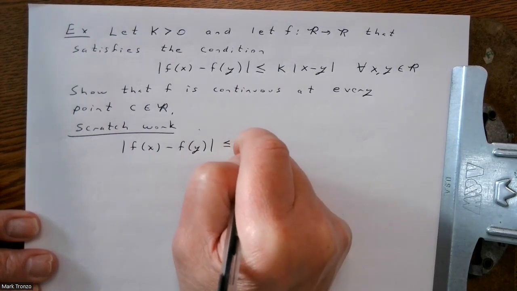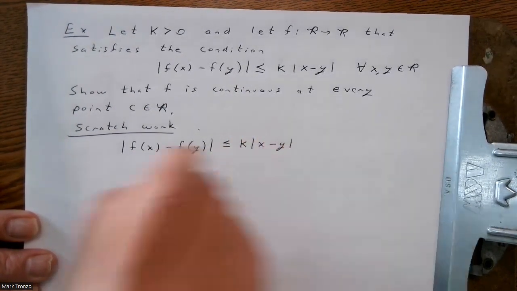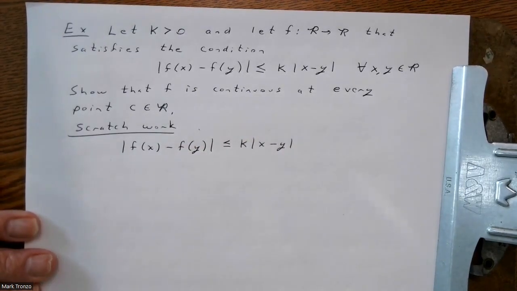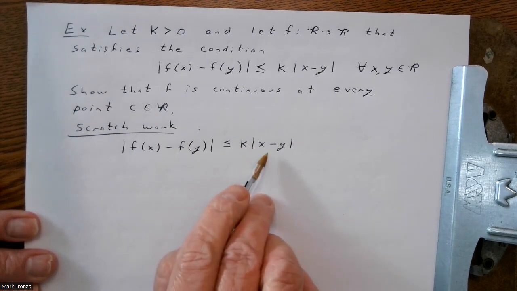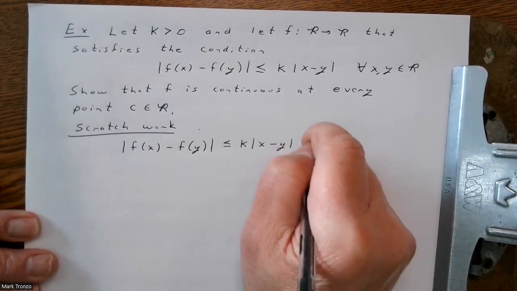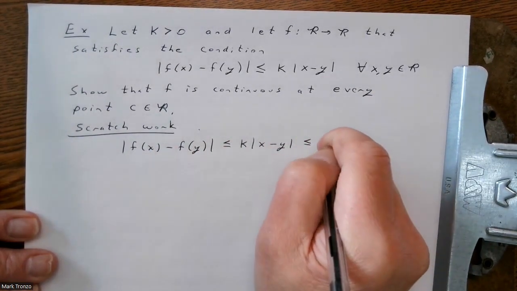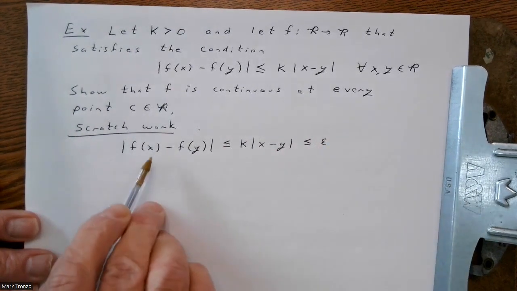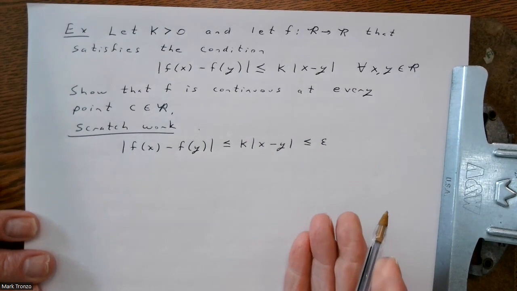So again, we have something like this. We want this thing to be less than epsilon, and we want it to be true for each value of c.